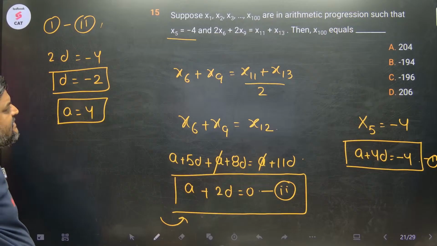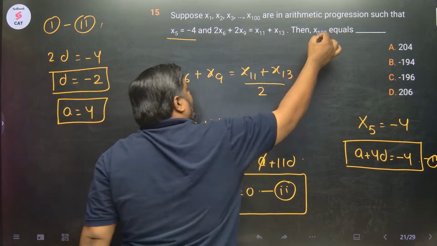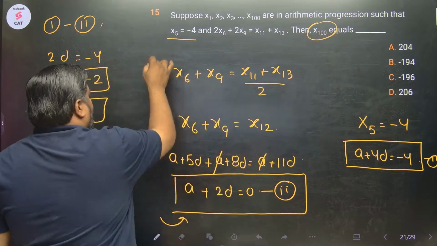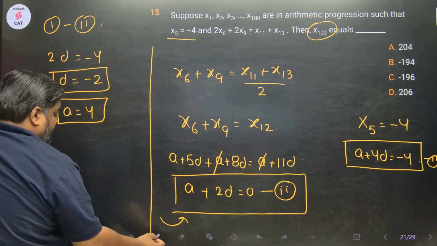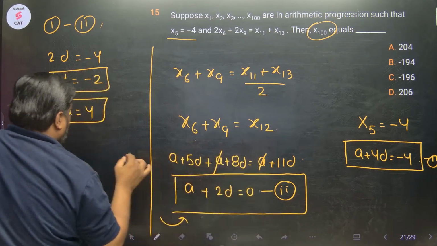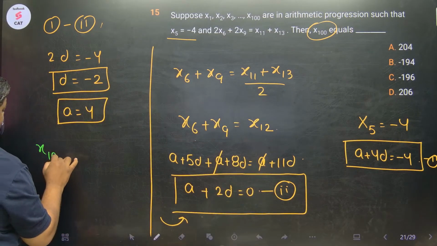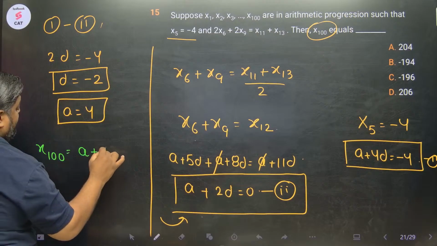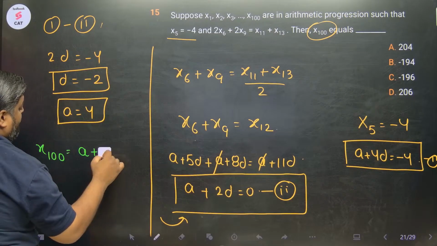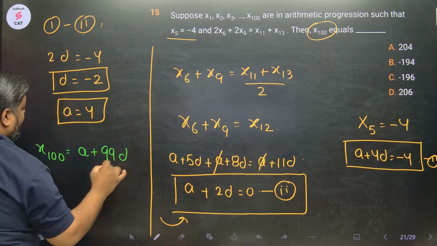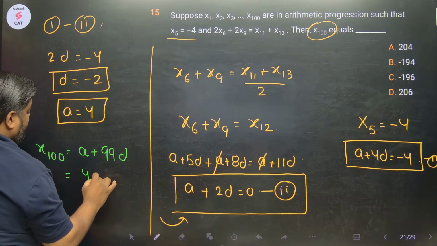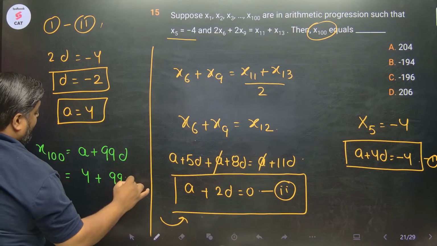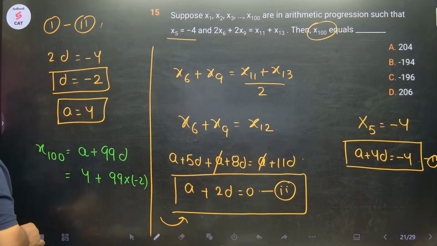And what is asked? x100 is asked. 100th term is asked. x100 is a plus 99d. So 4 plus 99 into -2.